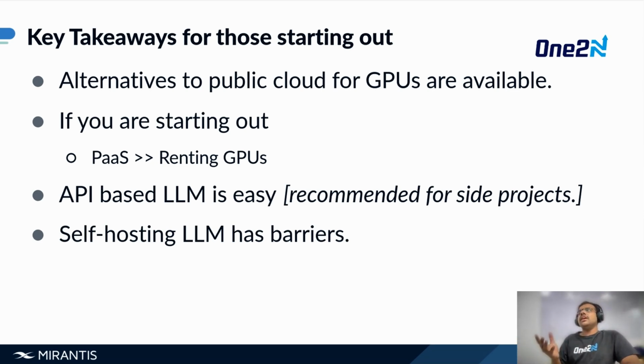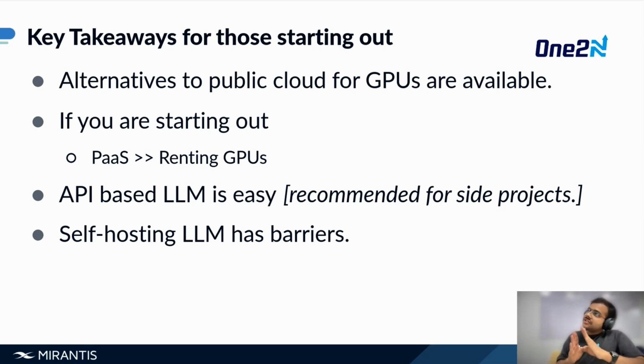And if you're starting out, and your project is still an MVP, it is actually easier to go via a platform as a service like Pen2ML than actually going out renting GPUs. With API based LLMs, for example, you have APIs for OpenAI models, you have Claude, Anthropic models. That is easier and actually recommended for side projects.